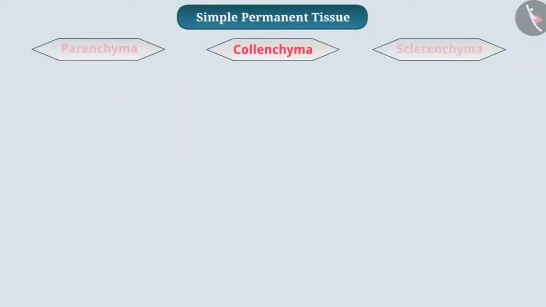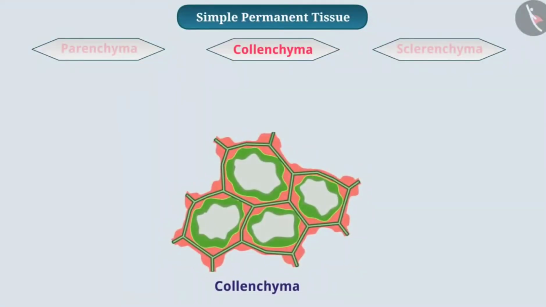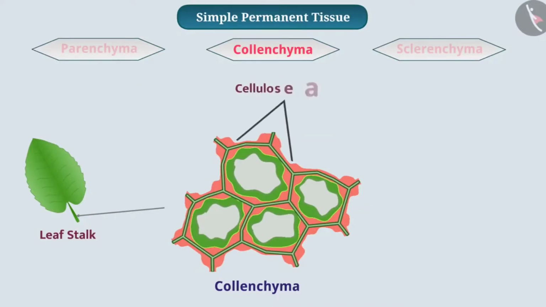Collenchyma. Similarly, another plant tissue, collenchyma, is present in the leaf stalk. Cells of collenchyma tissue are live and long, and they contain cellulose and pectin, due to which the wall of cells at the corners is irregularly thick and there is very little space between them.